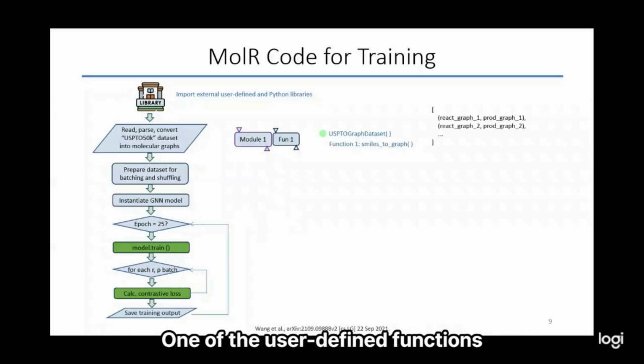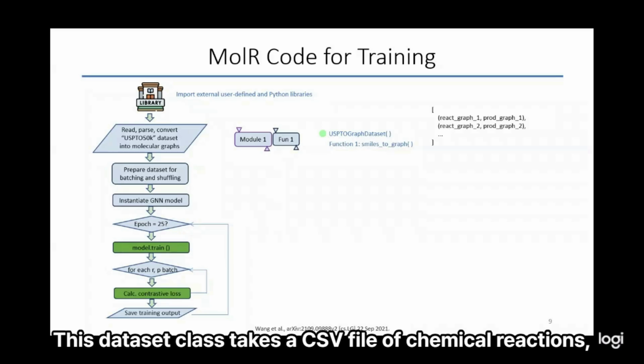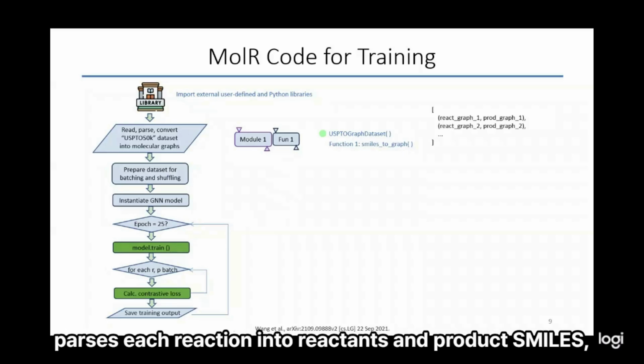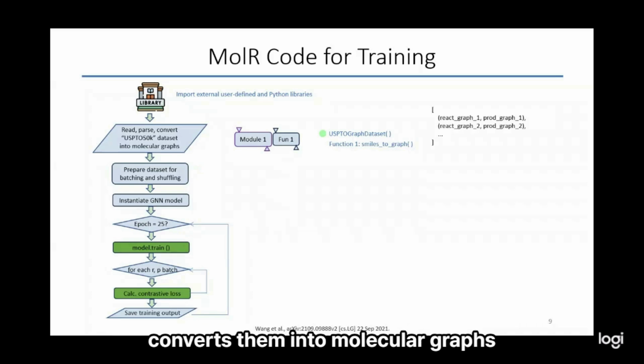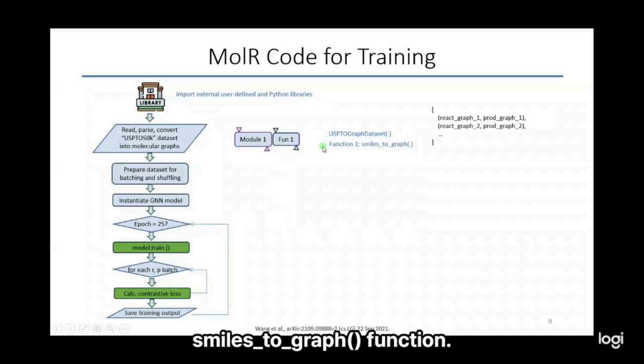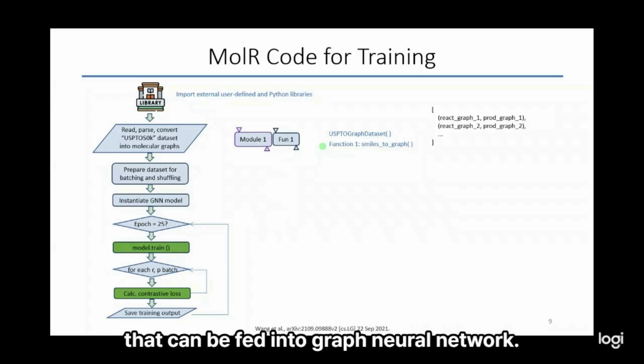One of the user-defined functions is the USPTO graph dataset function. This dataset class takes a CSV file of chemical reactions, parses each reaction into reactant and product SMILES, converts them into molecular graphs using another function called smiles_to_graph function, and then returns them as tuples that can be fed into a graph neural network.